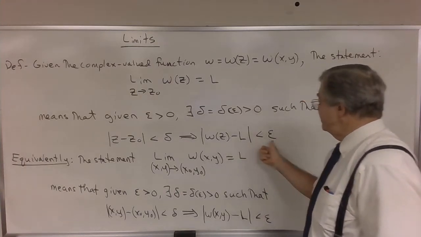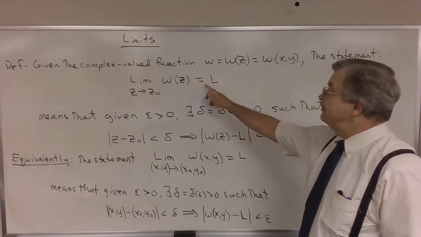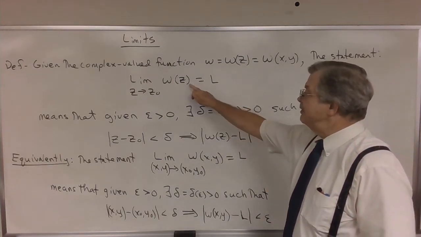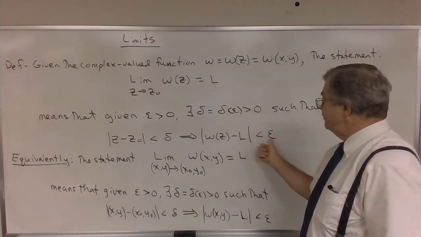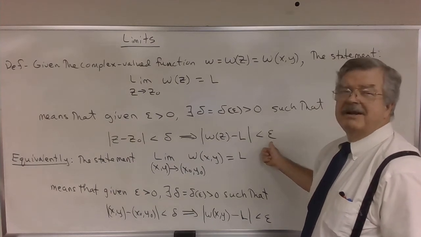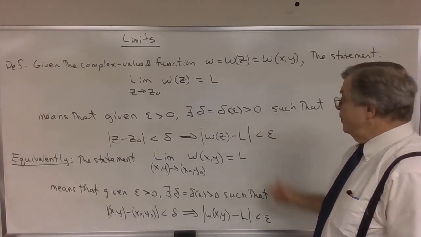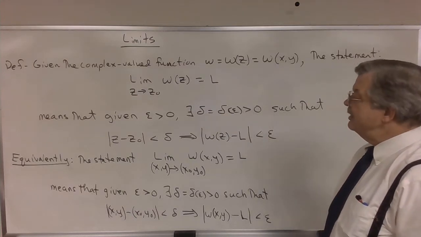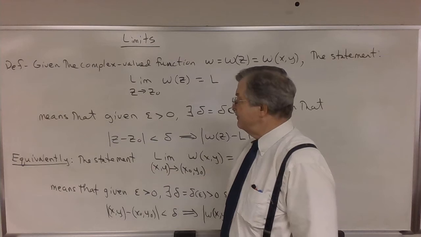Within epsilon units, no matter how small epsilon is. This is saying that we can make W of Z as close to L as we want within epsilon units of L, where epsilon can be a tiny, tiny real number. And we can do this provided that we make Z sufficiently close to Z naught.